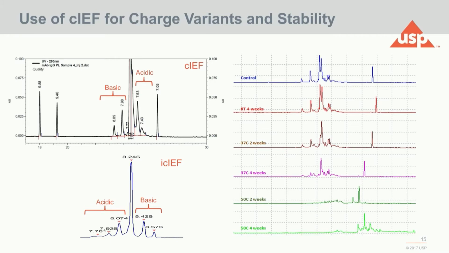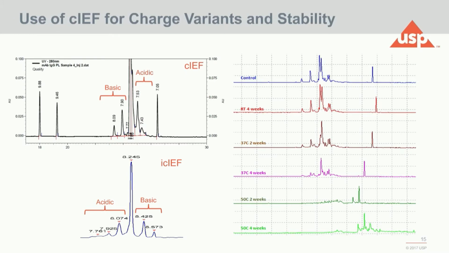We've also analyzed this molecule on imaging capillary electrophoresis, and one thing to keep in mind as you switch between those technologies is that the position of your basic and acidic peaks will switch. So now the acidic peaks are on the left and the basic peaks are on the right. But you can see, again, this molecule has a very nice profile in terms of being able to resolve the acidic and the basic variants.